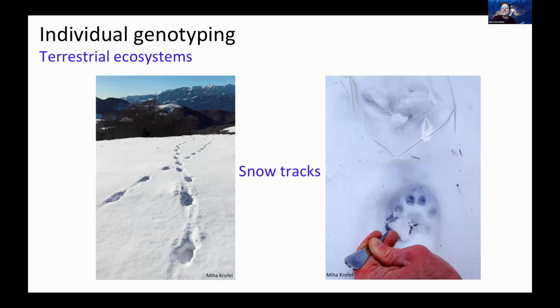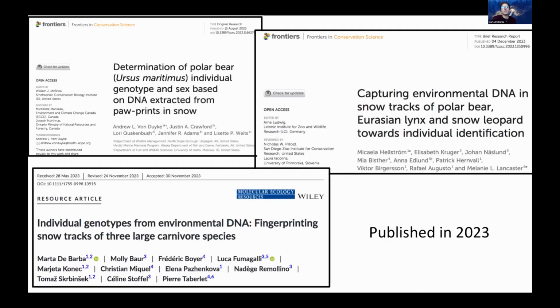But surprisingly, just last year, three different research groups independently, including Melanie's group, who will talk extensively about this after my presentation, and also my group in Ljubljana, were able to arrive at these important achievements, indicating how probably the methods were not there yet, and the improvements made during this time now allow us to do what was not possible just a few years ago.